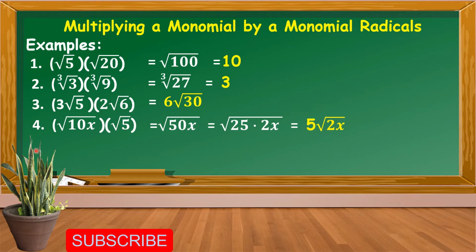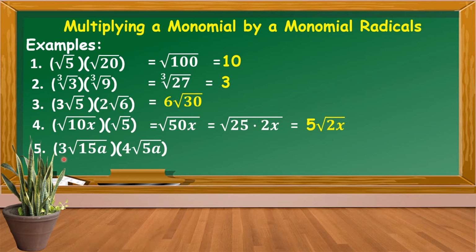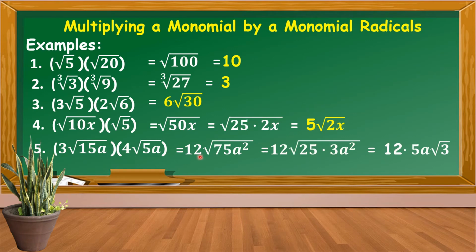We'll proceed to number 5 example. 3 square root of 15a times 4 square root of 5a. So, the same pa rin. We will multiply the coefficients 3 and 4. That gives us 12. And multiply the radicand, 15a times 5a.